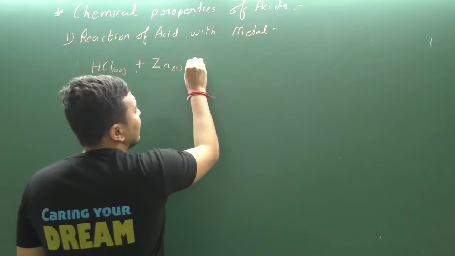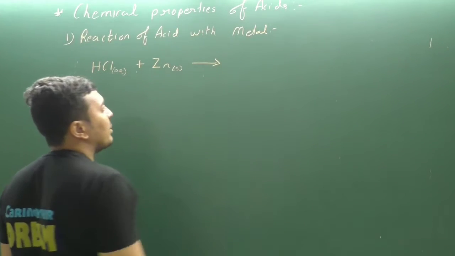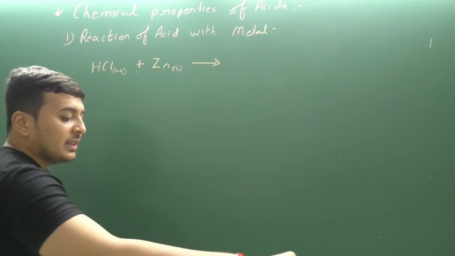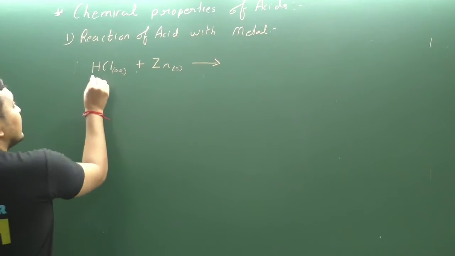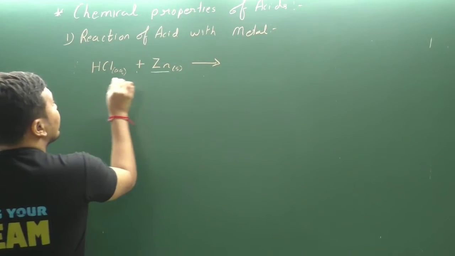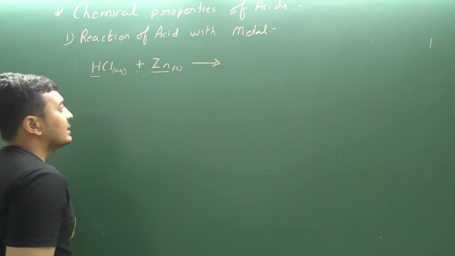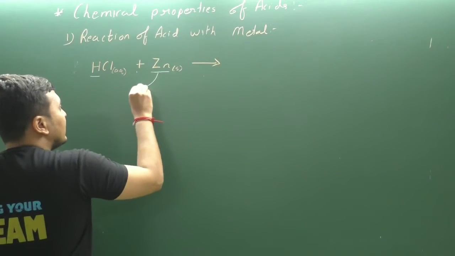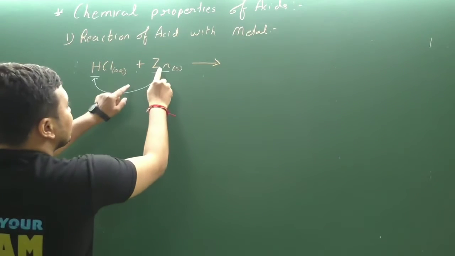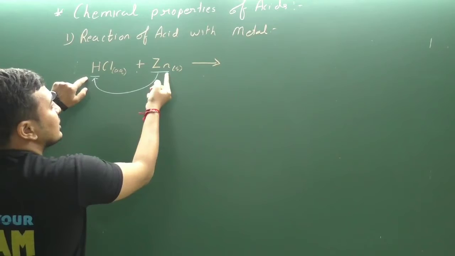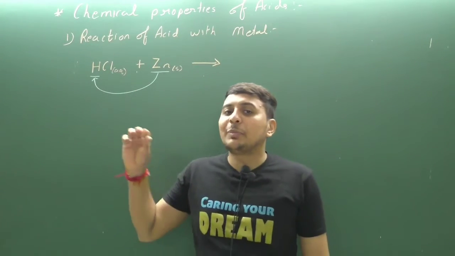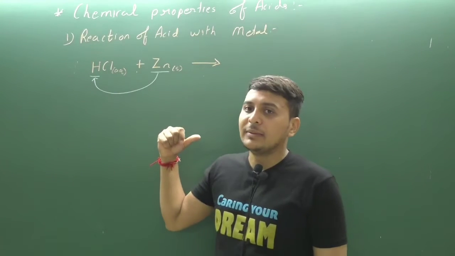What type of compounds are formed and how? Here it is HCl, here it is zinc. Zinc is more reactive than hydrogen, so zinc will take the place of hydrogen. It means zinc will displace hydrogen from HCl.